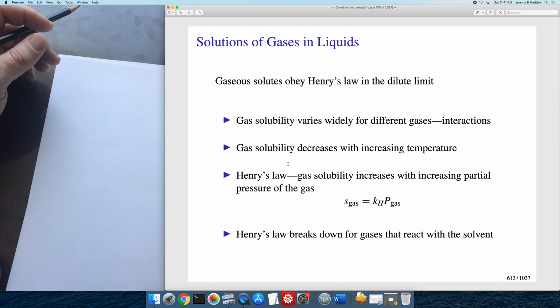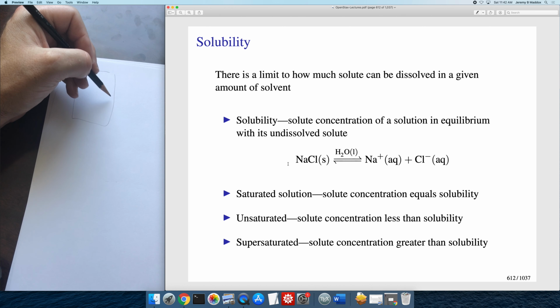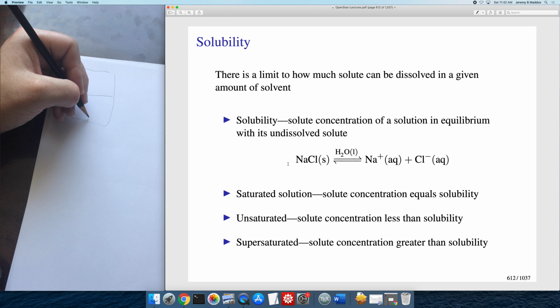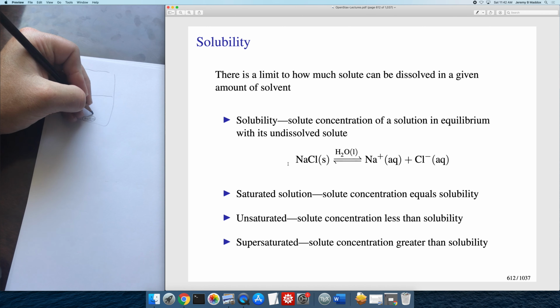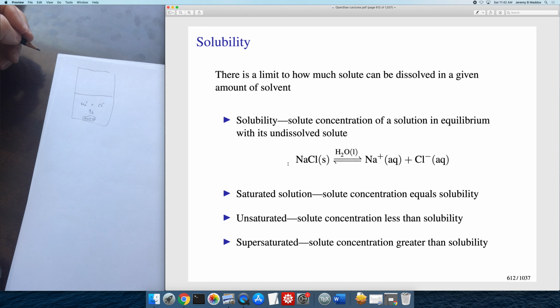So you've got a beaker here, and you'll have solid sodium chloride at the bottom of the beaker, and it is in equilibrium with the dissolved sodium and chloride ions.